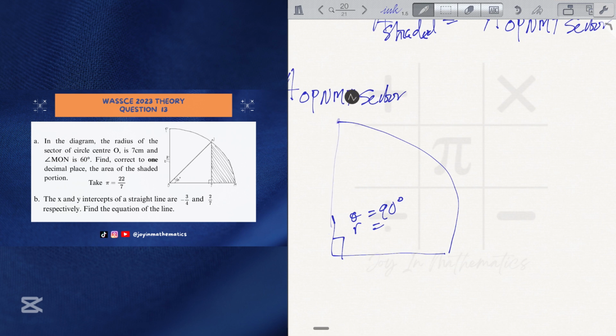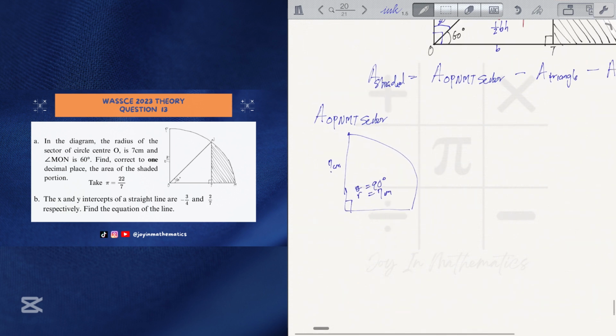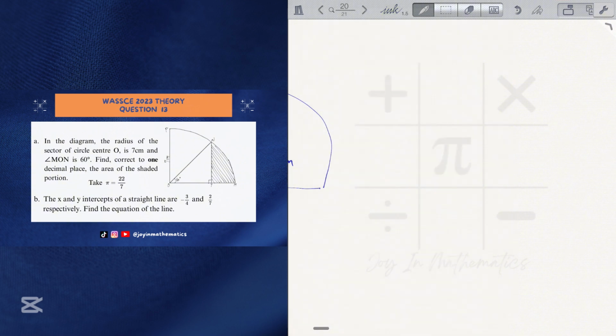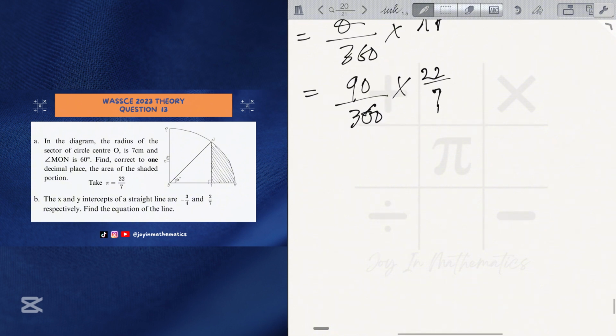Yeah, 7 centimeters. So with this, we can apply the formula for area of sector and say that area of sector is equal to theta divided by 360 degrees multiplied by pi r squared. Remember, we are taking pi to be equal to 22 over 7. So this is 90 divided by 360 degrees multiplied by pi, which is 22 over 7, multiplied by r squared, which is 7 squared.